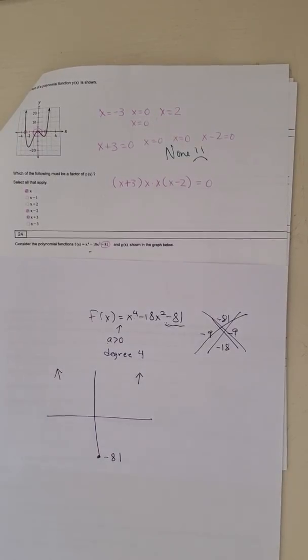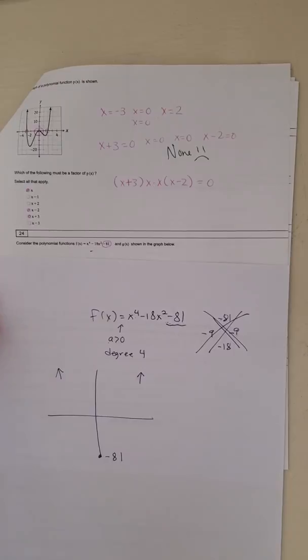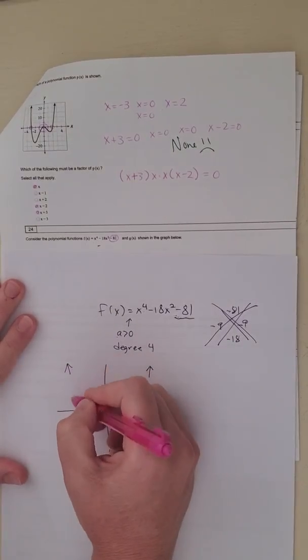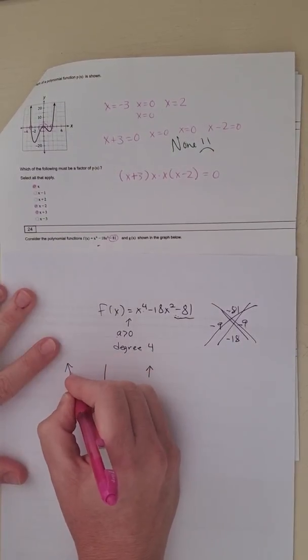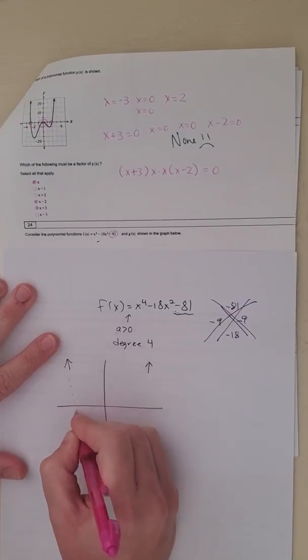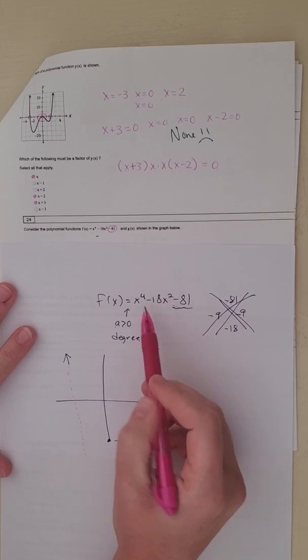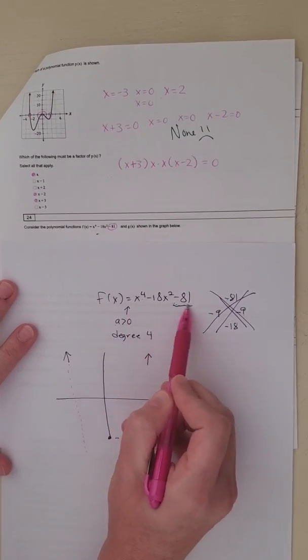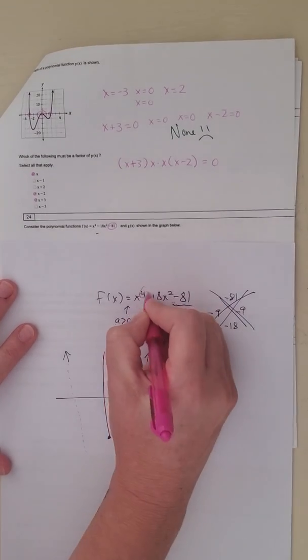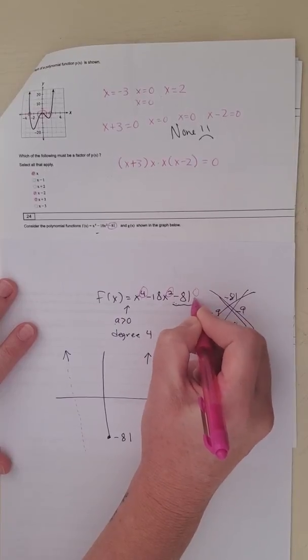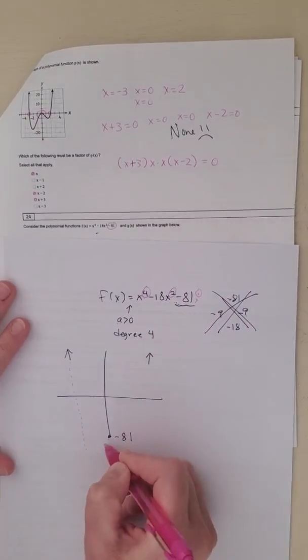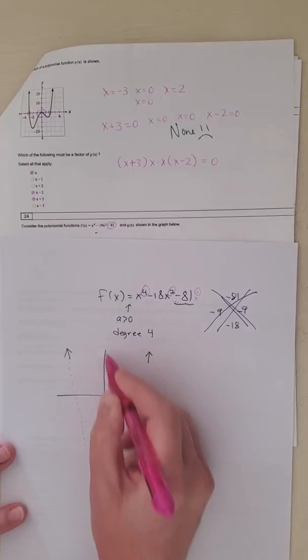Okay, so now I'm going to give you a sketch and see, is there any way that we could come down, right? Oh, also something else I know really quickly is that this is an even function because all of the degrees are even. So it will have symmetry at the y-axis.